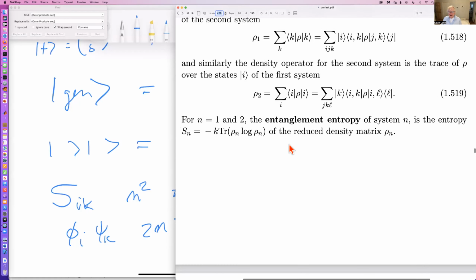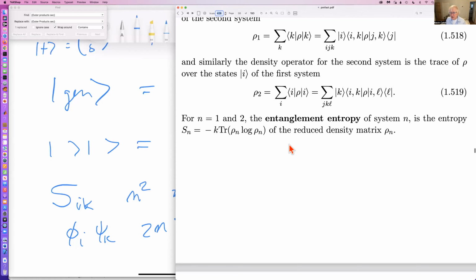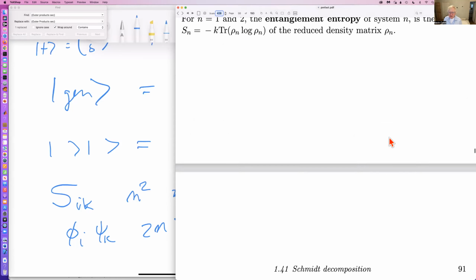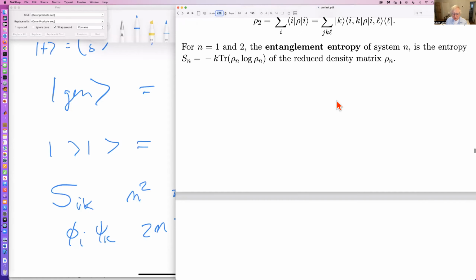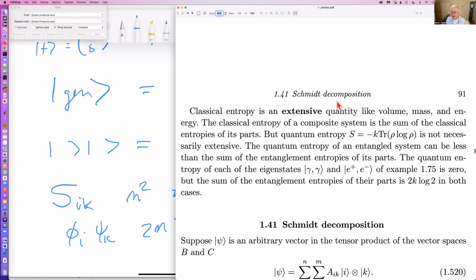Anyway, you can define an entanglement entropy for system N as the entropy of the reduced density matrix.